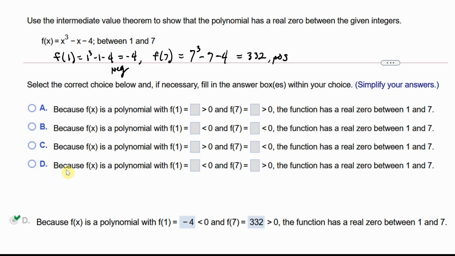So I have to go down to d. f of 1 is equal to negative 4. f of 7 is equal to 332, which is positive. See how the signs change? Go from negative to positive? It means that we crossed the Alabama line. Right? We made it into Tennessee. We're almost there on the underground.